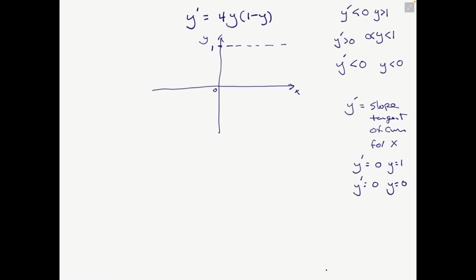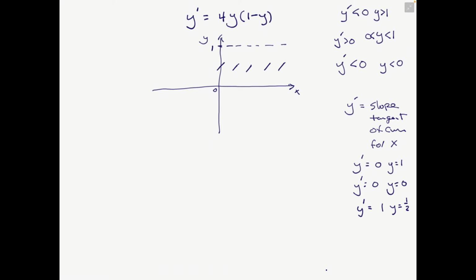So in other words, whatever tangent we have, it's flat. At y equals 1/2, y prime equals 1, so our slope is going to be 1.